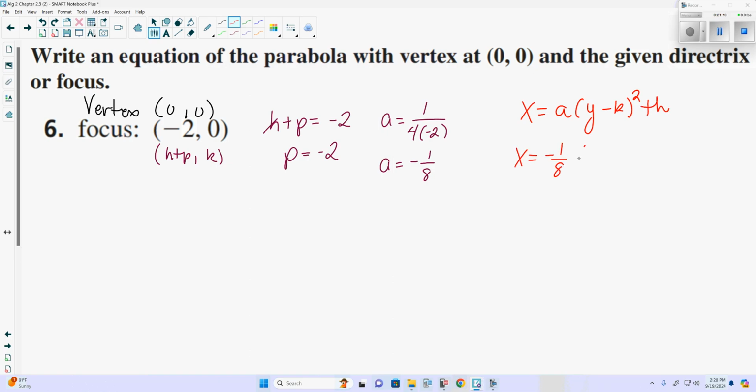So if we plug a in, we get negative 1/8 times y minus 0 squared plus 0. So x is equal to negative 1/8 y squared. Questions on this here?